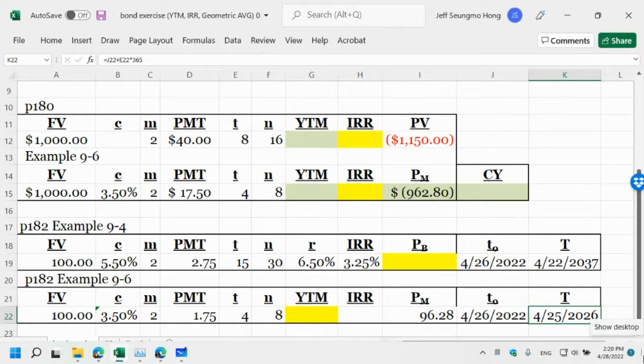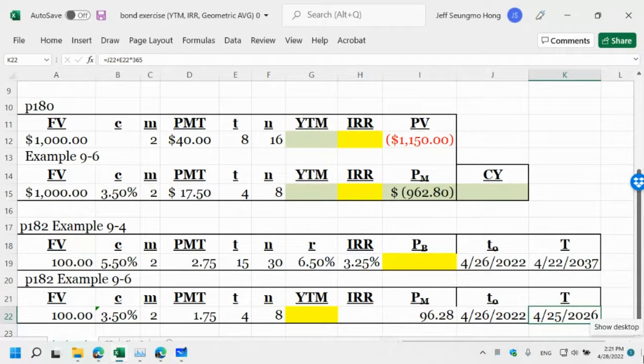And every day after that will be the number of years times 365.